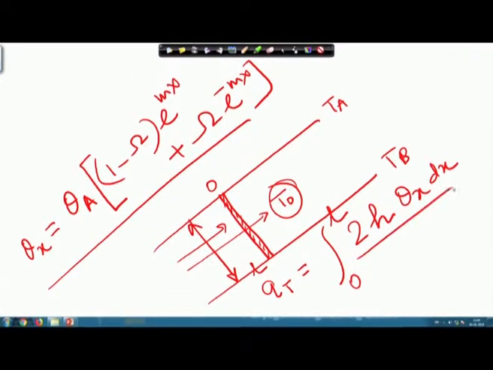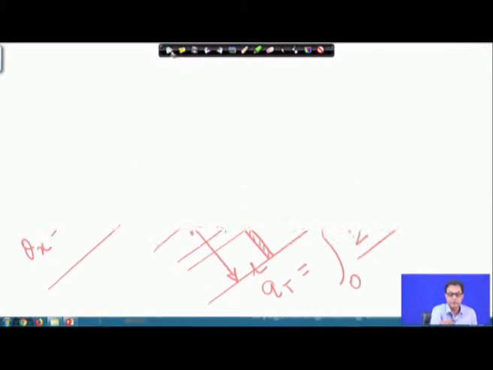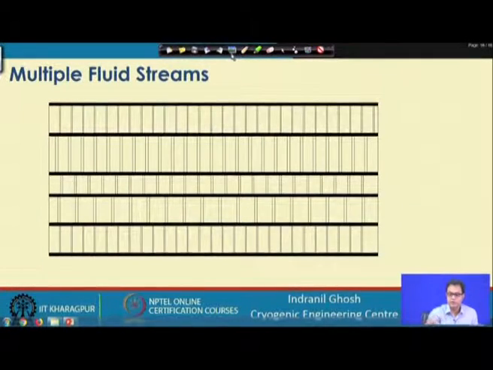So, from here we got the total amount of heat transfer when the adjacent fluid streams are T A and T B. Now, this is exactly what we are looking for in case of a multiple fluid stream. If you look at that particular geometry, if it is a 5 fluid stream heat exchanger, say we have T W 0, then T W 1, then T W 2.